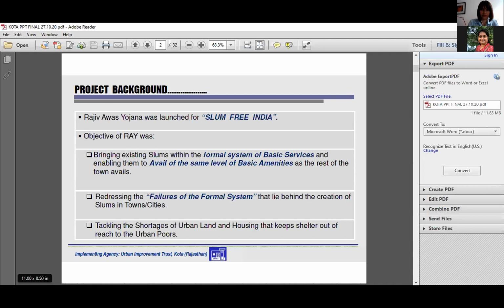So for achieving these two objectives, policy intervention has been made in our state by making mandatory provisions for private developers as well as government agencies involved in the housing sector and city infrastructure development.